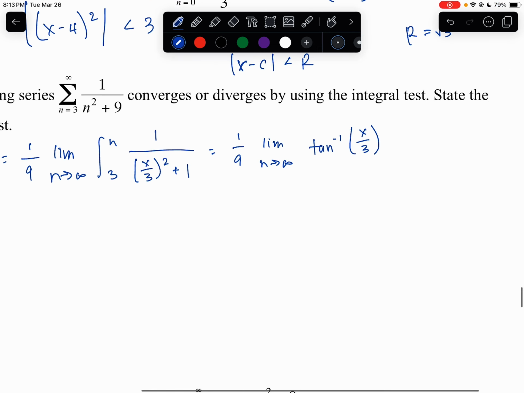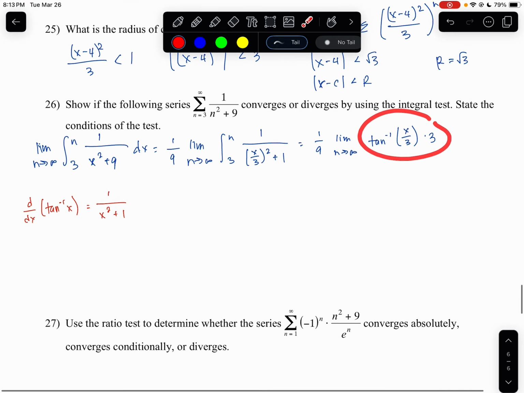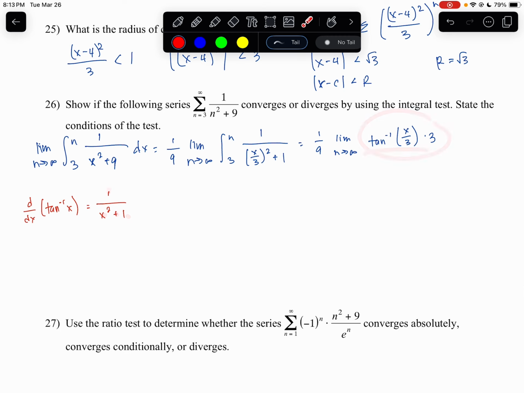But I also have to divide by 1/3, which is the same thing as multiplying by 3, because that's the chain rule here. So again, if I take the derivative of this, what's the derivative of tangent inverse? It's 1 over x squared plus 1. Well, my x is actually x over 3. I would also have to multiply by 3, right? So yeah, I'd have to multiply by 3 because of the chain rule.